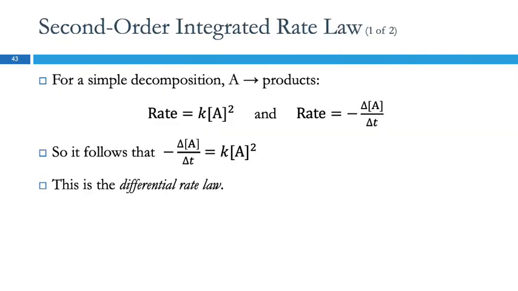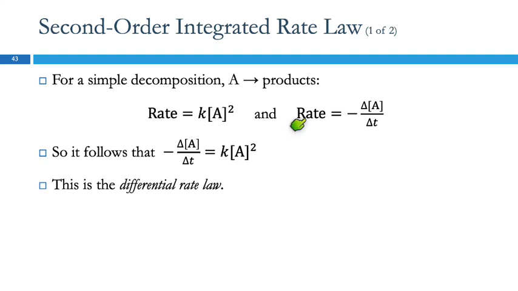Okay, so that was first order. We had 2 other orders. We'll talk about second order, and then we'll get back to zero order. So here we have a simple decomposition of A going to products that is second order. So the rate of the reaction is equal to a rate constant times the concentration of that reactant squared. Learned that last week.